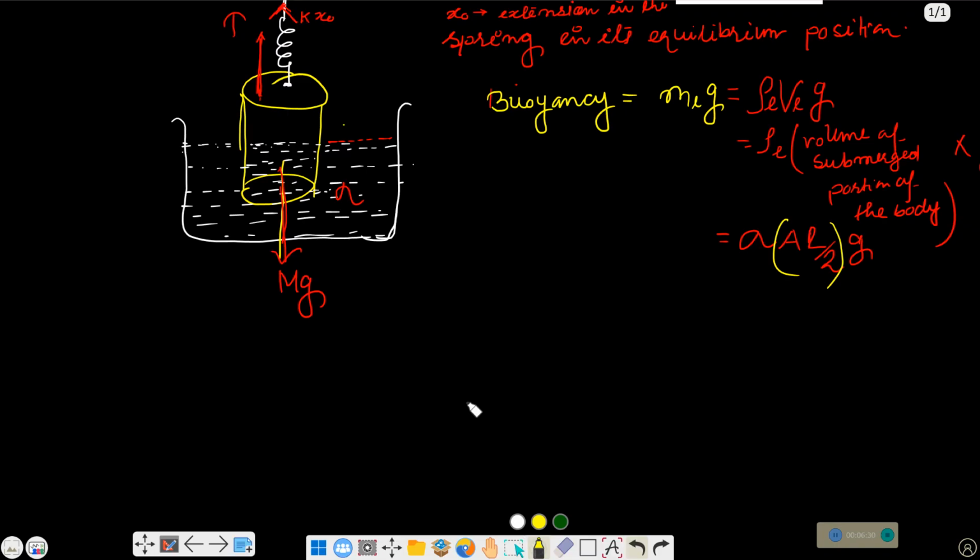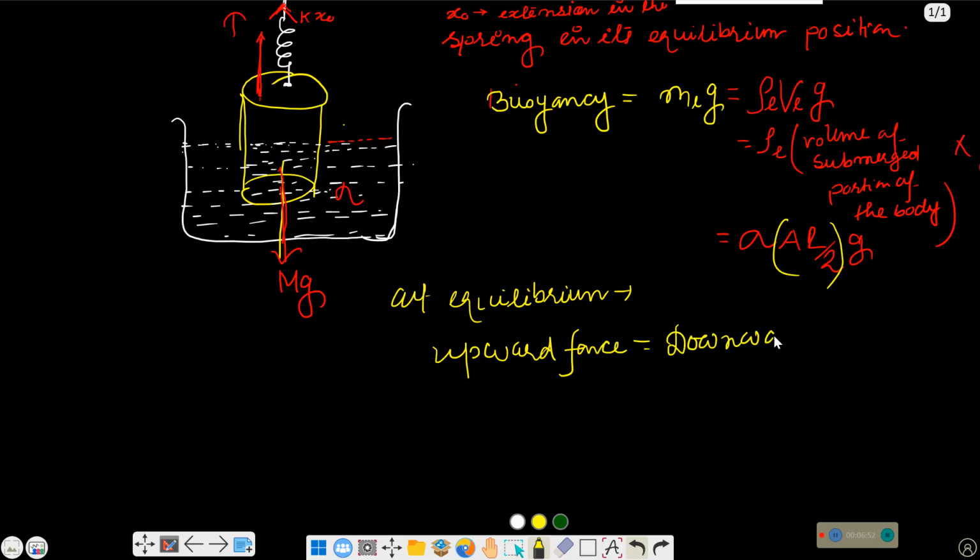So at equilibrium, net force is 0, that is F net equal to 0 on the cylinder, because the cylinder is in equilibrium.